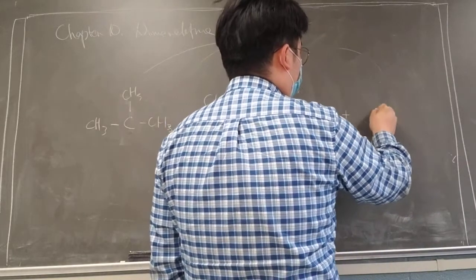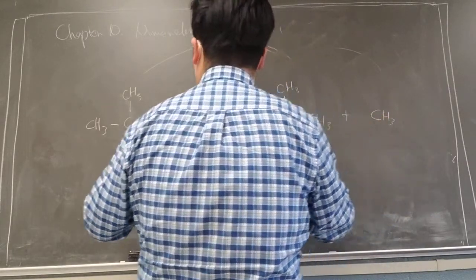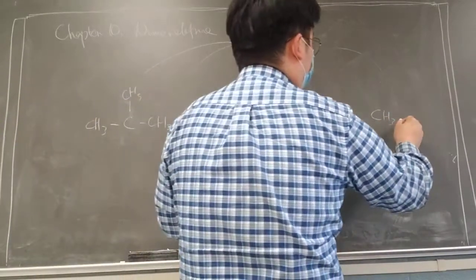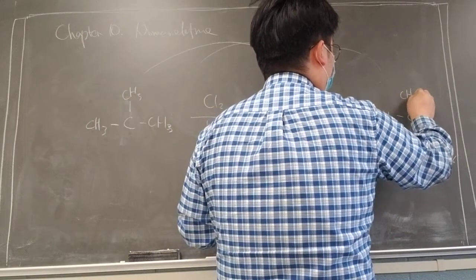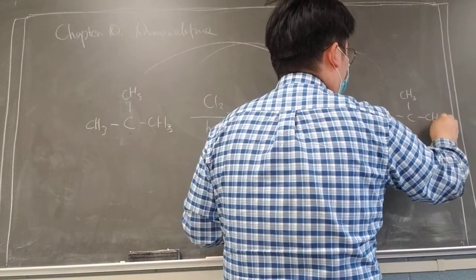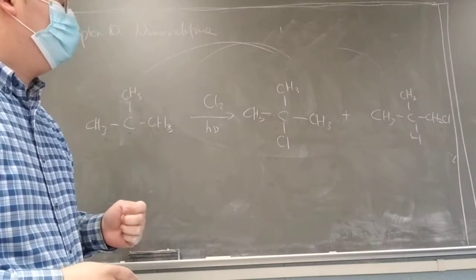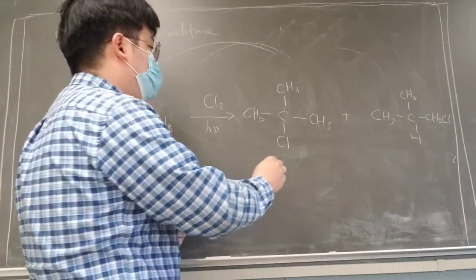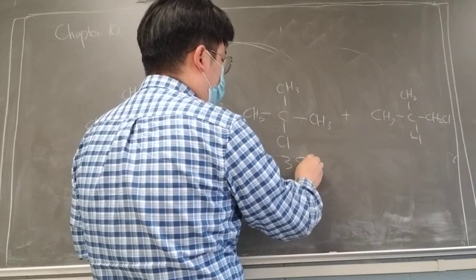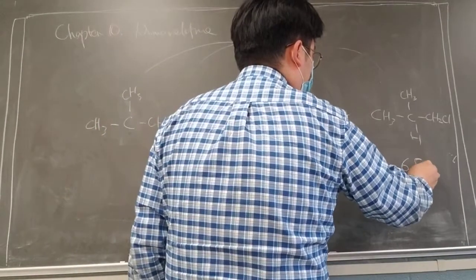And this is another one that makes one of the terminal ones on the side. Doesn't matter which one, I'll choose this one here. And this one was about 35%, and this is 65%.